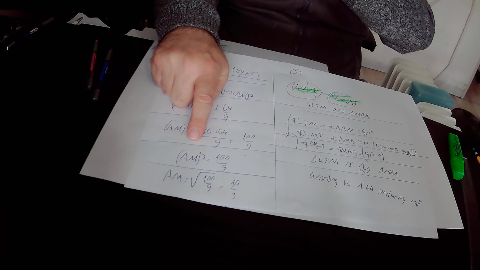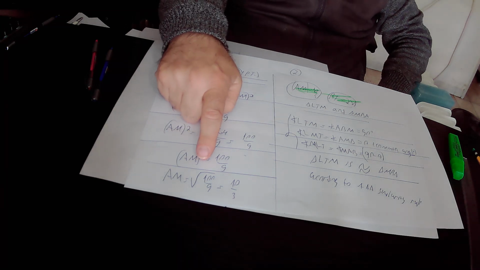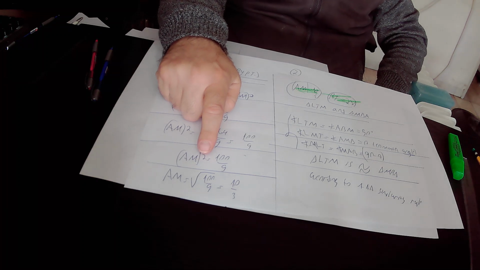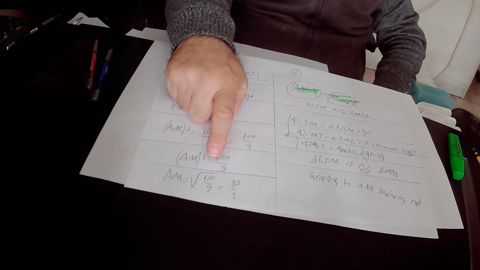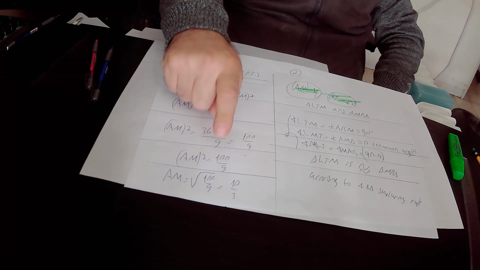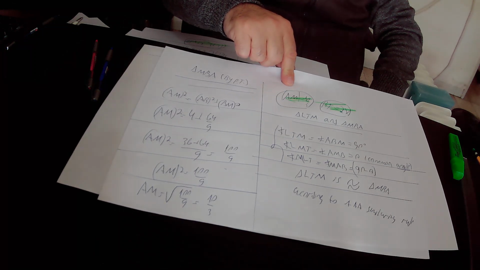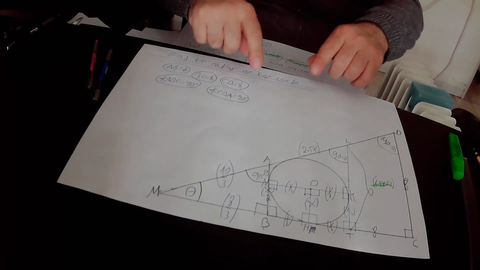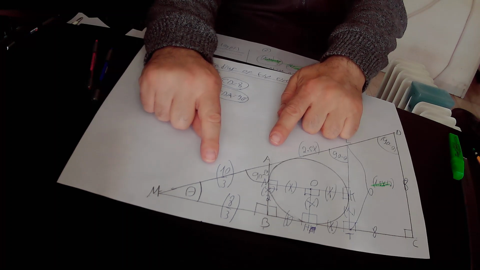Here we took the square root of this equation and finally found that AM equals the square root of 100 over 9. The square root of 100 over 9 is the square root of 100, that is 10, over the square root of 9, that is 3. So the hypotenuse AM equals 10 over 3 units in its length.